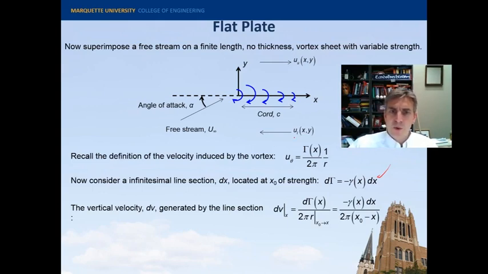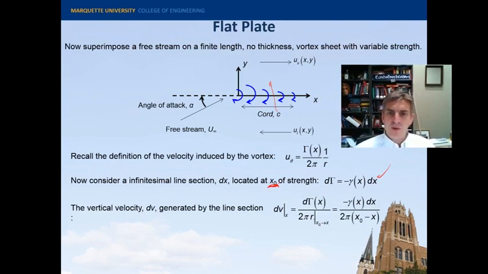The velocity then, the infinitesimal velocity at the plate, so at x, is now this differential velocity v in the cross-stream direction, equal to this differential gamma divided by 2 pi r, where r is being evaluated at the location of our little infinitesimally small line segment x.